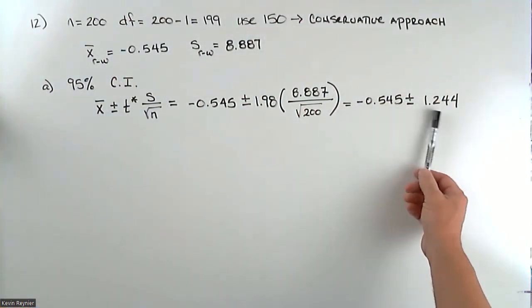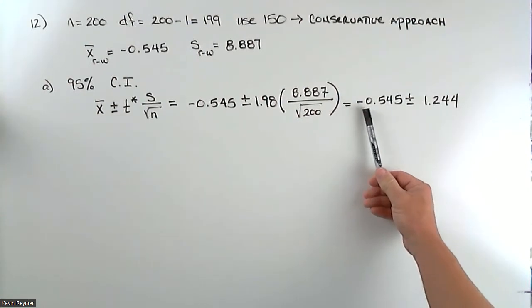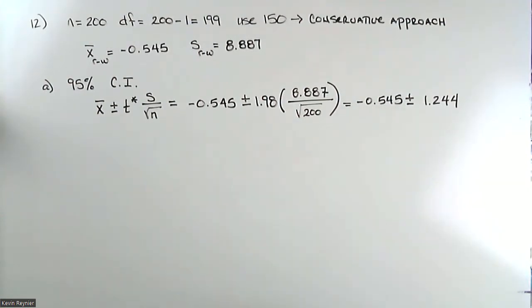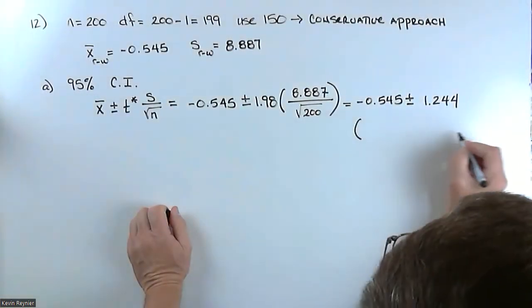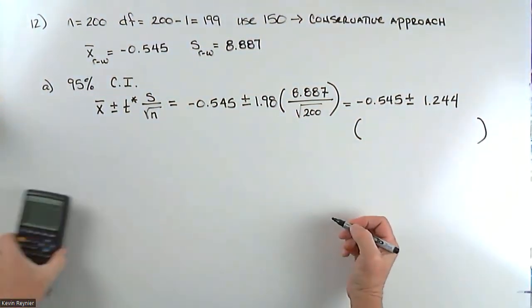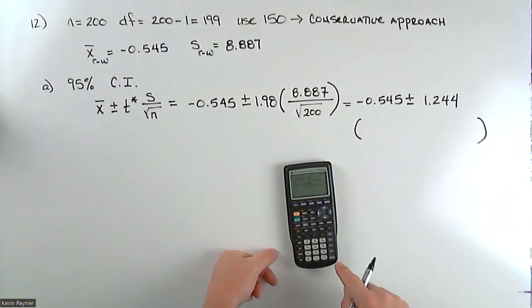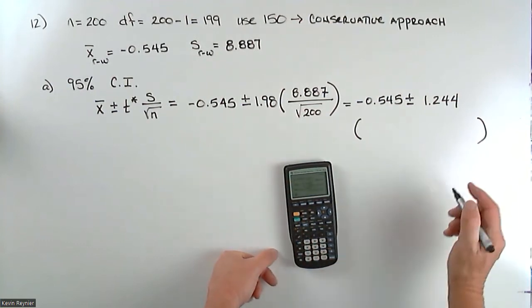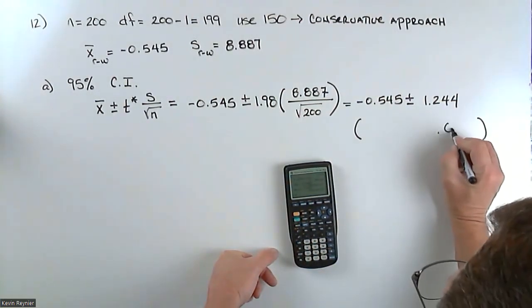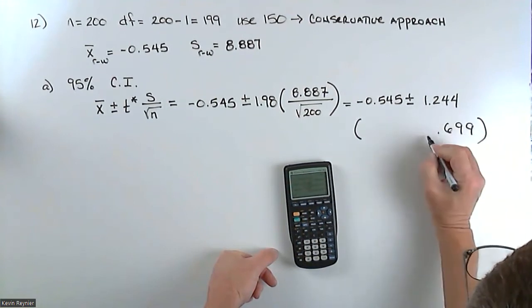If we look at this, we have negative 0.5. So if we actually write down the confidence interval, we have 1.244 plus negative 0.545. That's going to be 0.699.